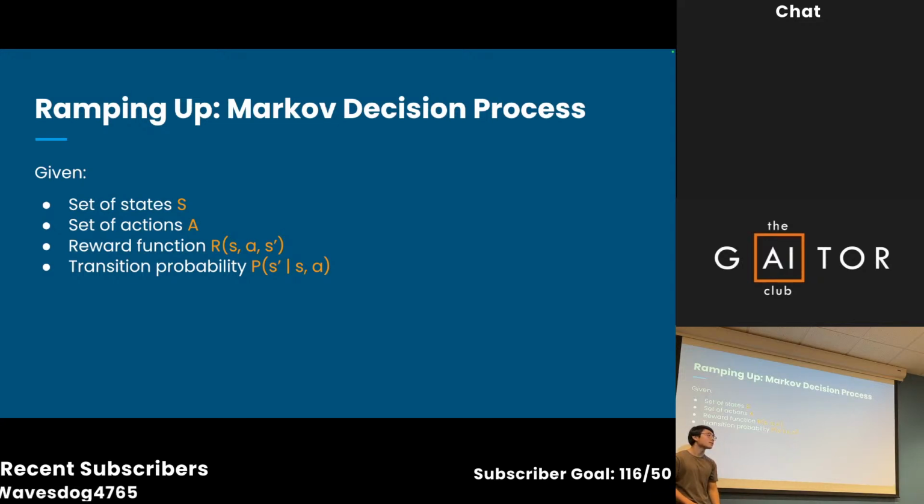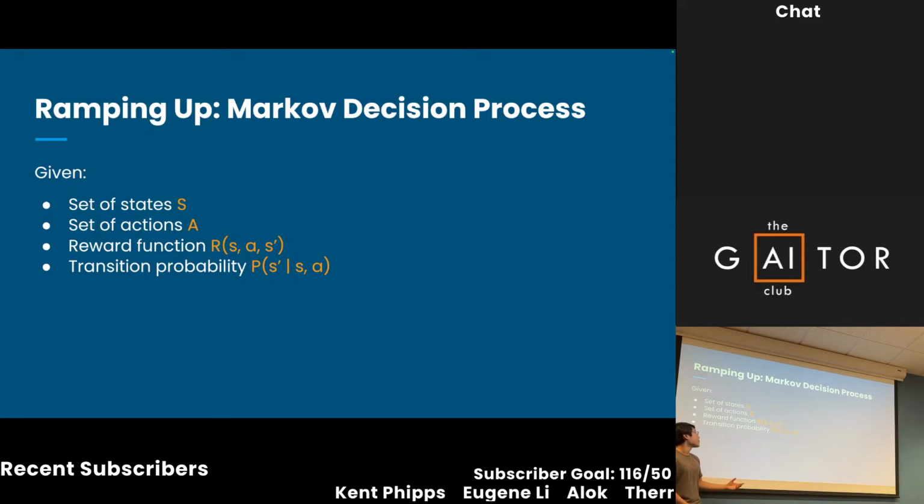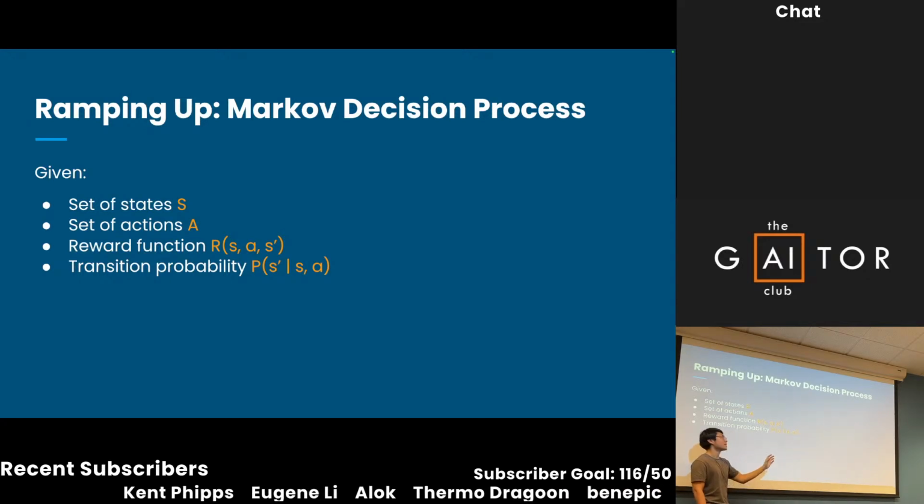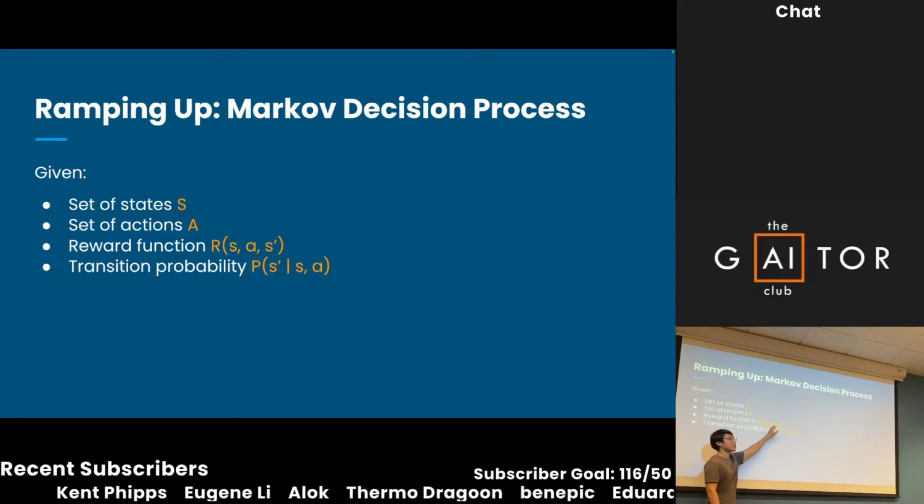Yes. So the reward function is determining which action to take? The reward function is something provided to you by the environment. It's not something that the model knows. In fact, the model is trying to essentially learn a reward function. This is going to make more sense when we talk about stochastic functions, but essentially the next state is not deterministic based on the state and action in all cases.